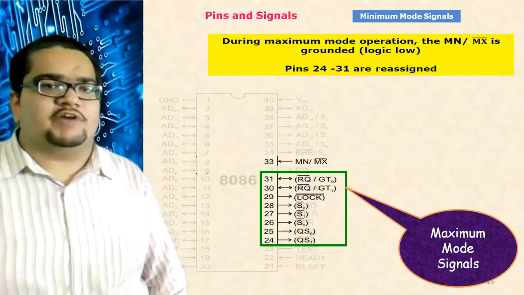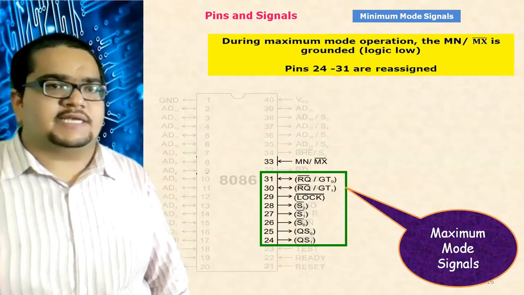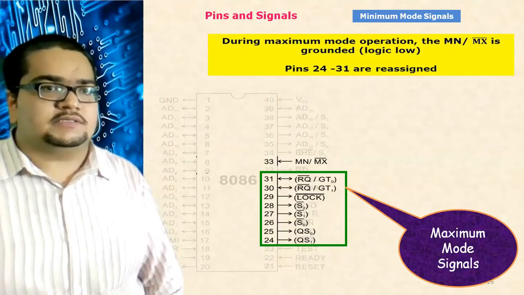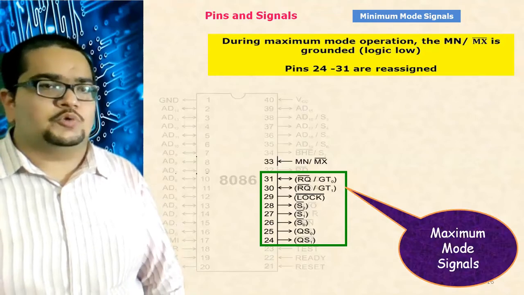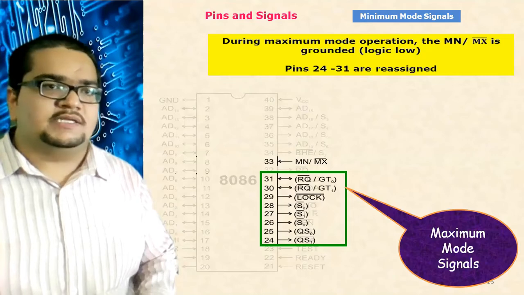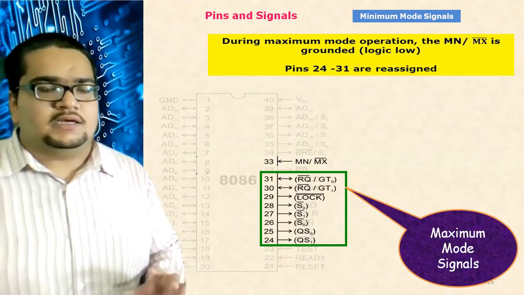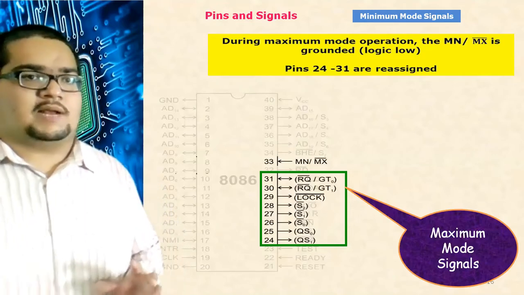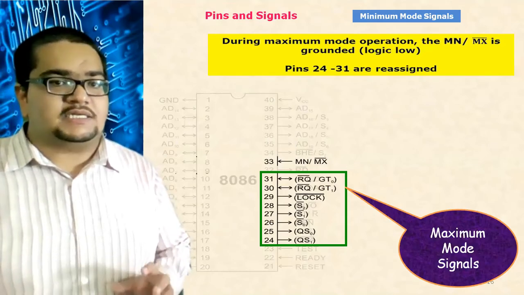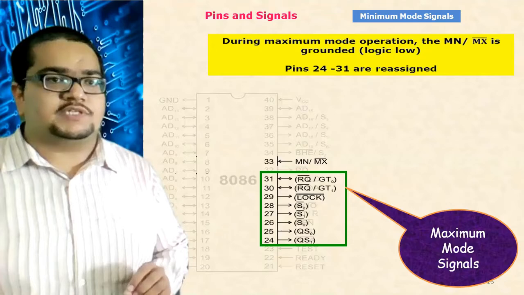These signals here, 24 to 31, we can check it out here, QS0, QS1, they are the Q status signals. The processor's internal instruction queue is 6 bytes. Earlier, while discussing the architecture diagram of the 8086 in the bus interface unit, we saw that there is an instruction queue available, 6 bytes of instruction queue.